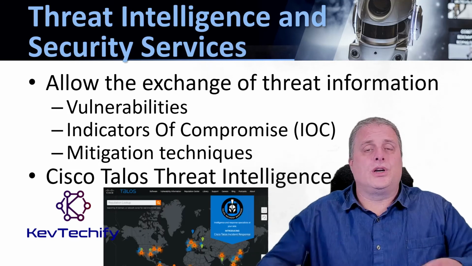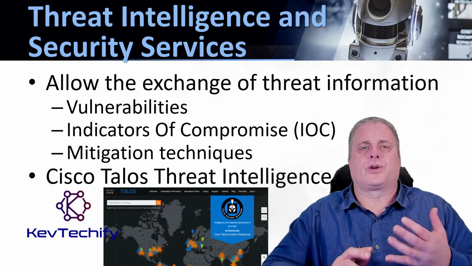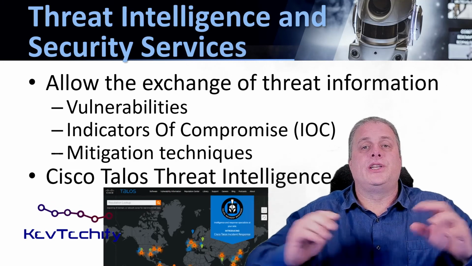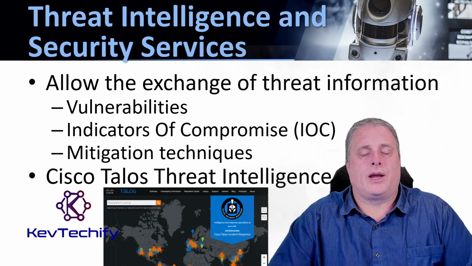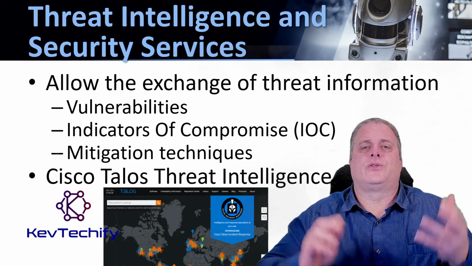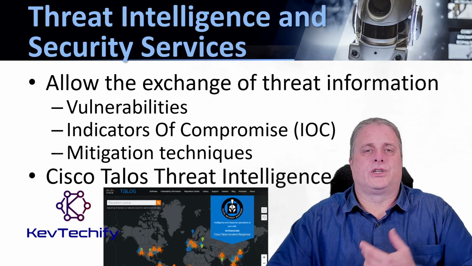As threats emerge, threat intelligence services create and distribute firewall rules and indicators of compromise to the devices that have subscribed to the service. Now, one of these services is Cisco's Talos Threat Intelligence Group.